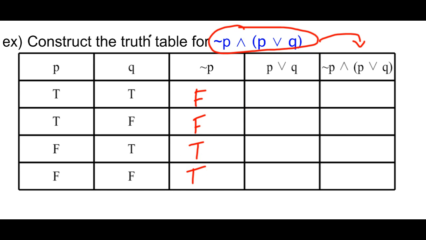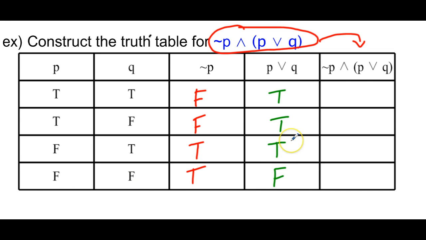And that's pretty easy. We don't have to change anything on that. So P or Q, all right? So we're going to take this section, the parentheses first, P or Q. And remember, P or Q is going to be true all the time except for when they're both false, right? So false, false, so it's got to be false.